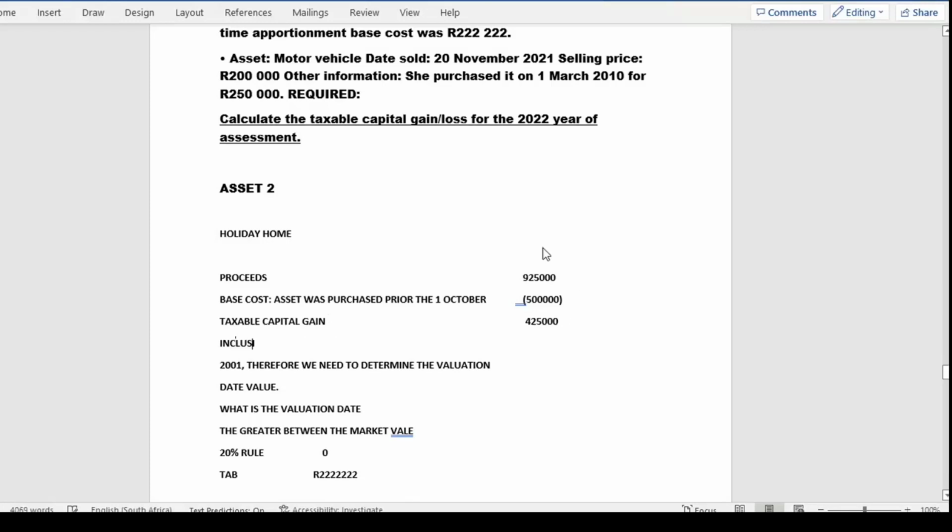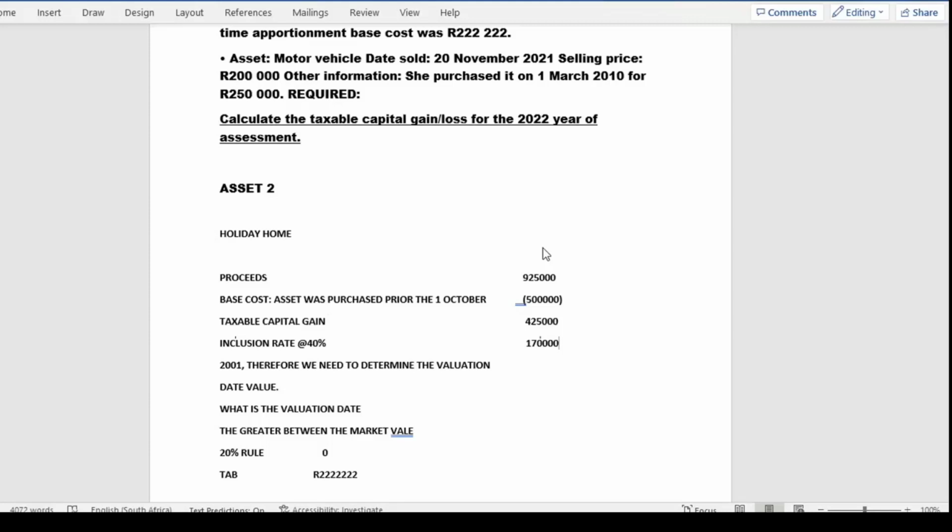Okay, we bring in the inclusion rate of 40%. So 425 multiplied by 40%, how much do you get there? 425,000 multiplied by 40%, of course, is 170,000, right?